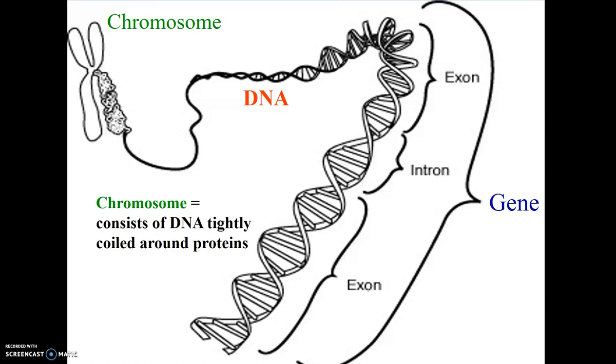But before the cell goes through cell division, the DNA packs itself tightly, and it wraps around these specific proteins called histone proteins. And then it coils up again on itself, and that's what creates this tightly packed chromosome structure here. And so that's really all a chromosome is.